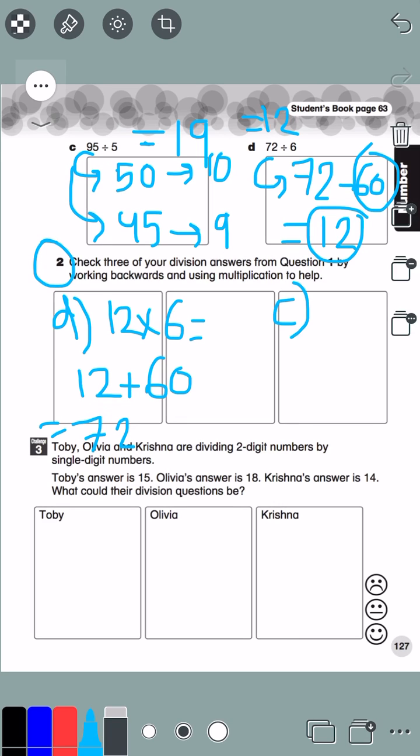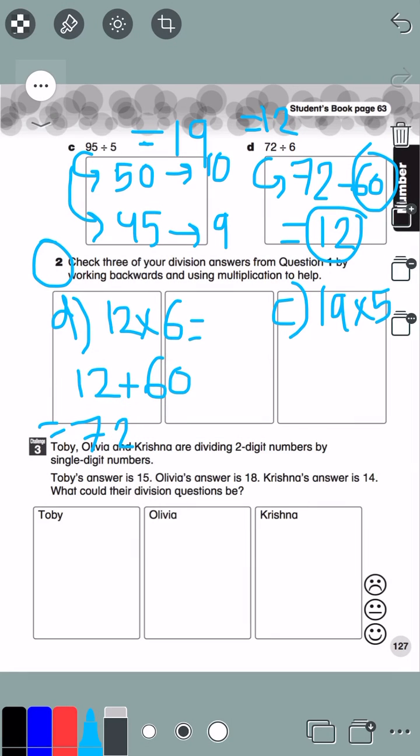To check for C, we have to multiply 19 by 5 because multiplication is the reverse of division. Now 5 times 9 equals 45, plus 5 times 10 equals 50. So 45 plus 50 equals 95. And our answer is correct.